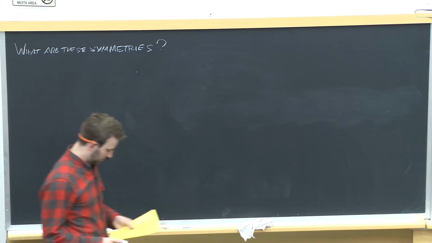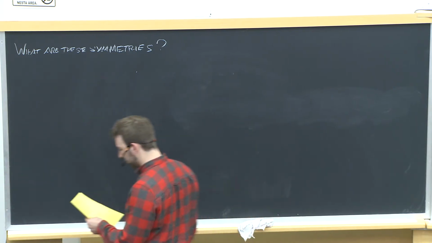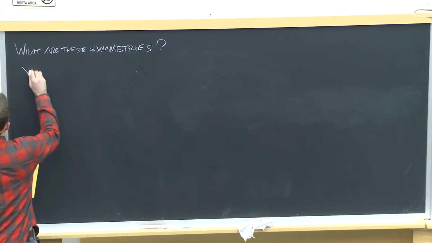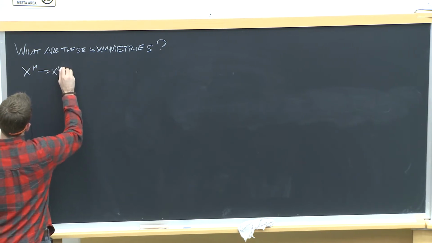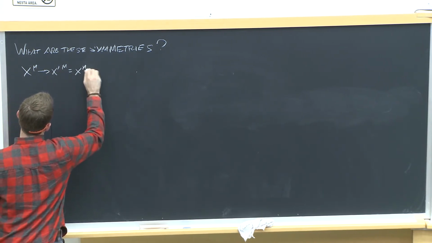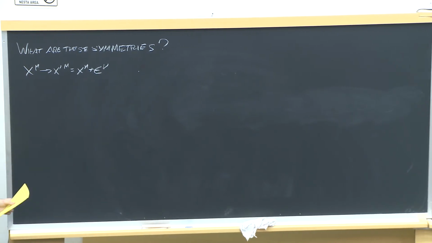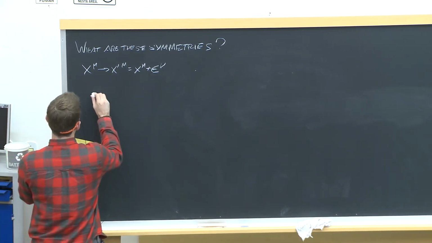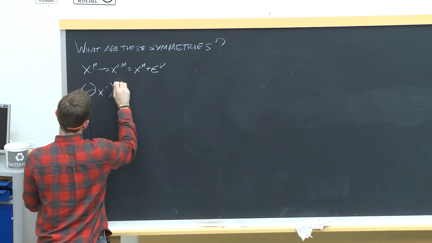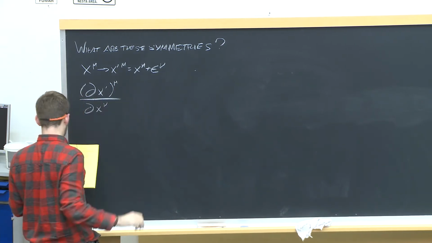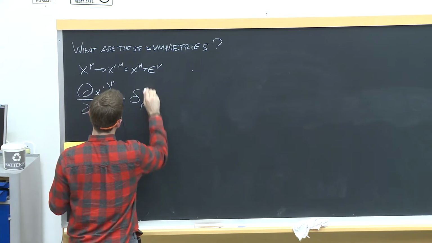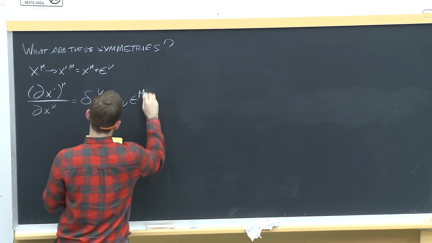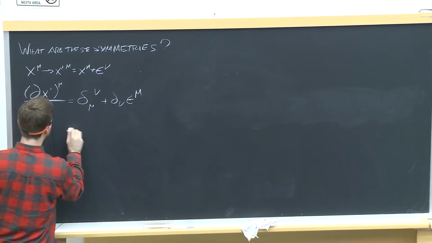Well, a good indicator is to look at the Jacobian of the change of variables of this type. And this is a pretty simple exercise that you can then massage a little bit.